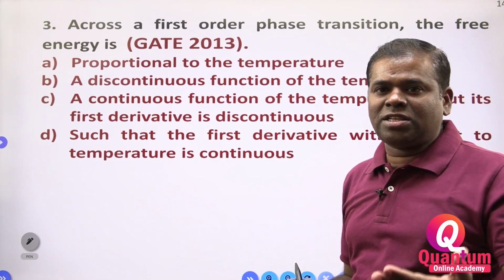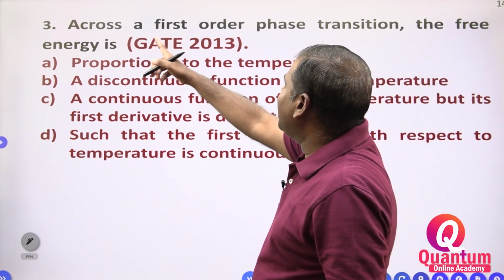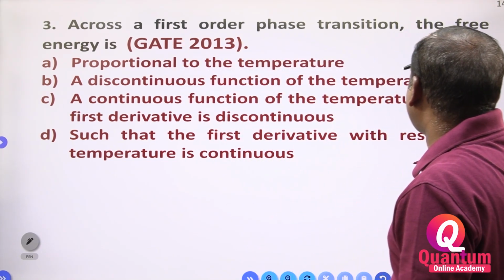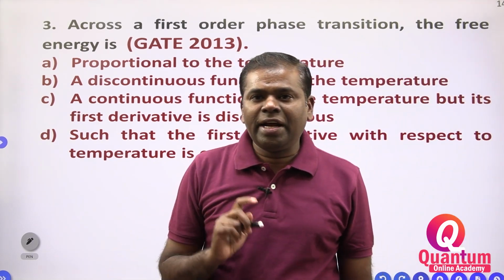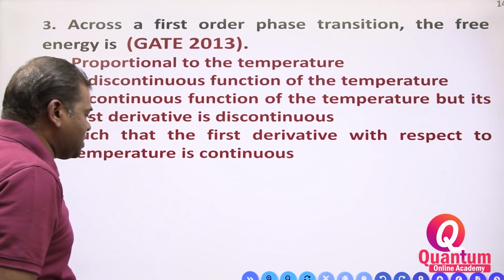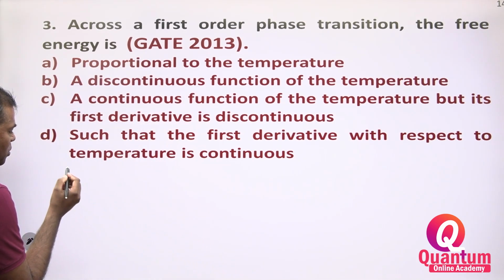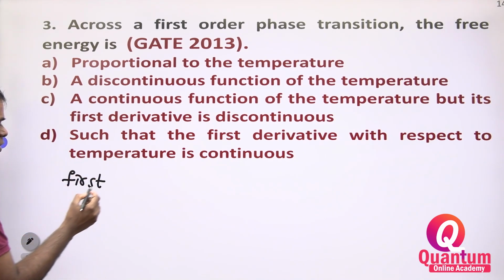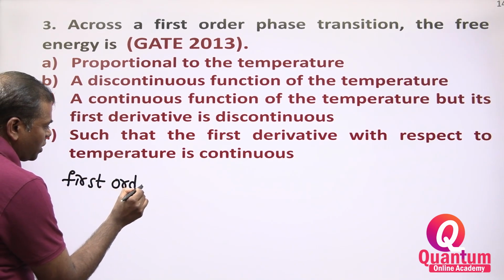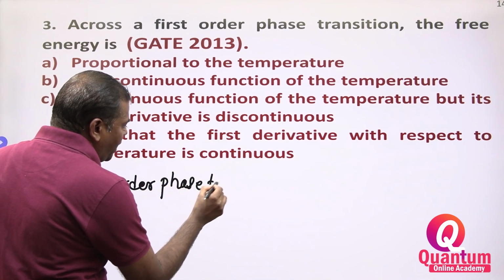The third one is about phase space or phase transition, microstates and macrostates of the system. Across a first order phase transition, the free energy is, what is the first order phase transition? This is very, very important.